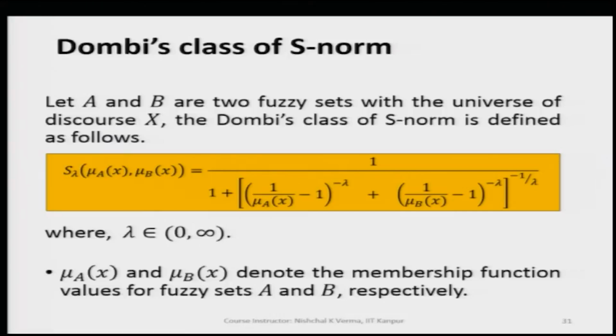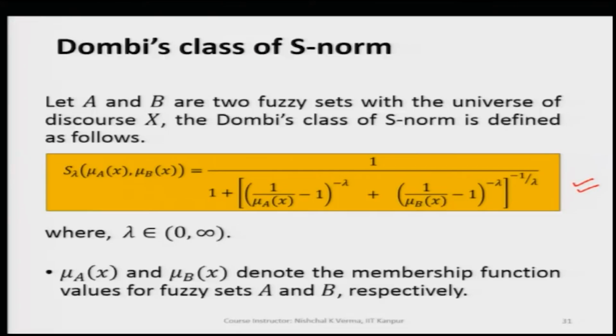So, if we have two fuzzy sets, let us say A and B with universe of discourse capital X, the Dombi's class of S norm is defined by this expression, where S lambda is the Dombi's class of S norm operator.